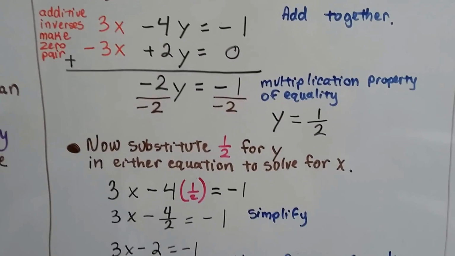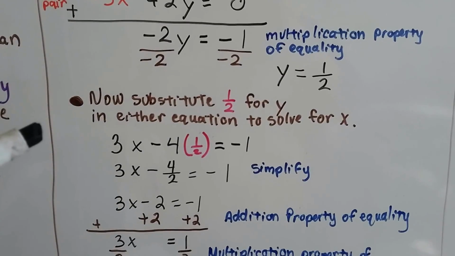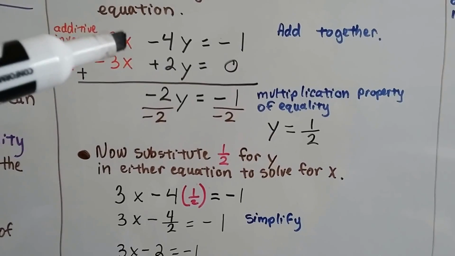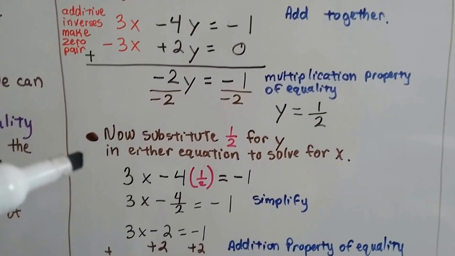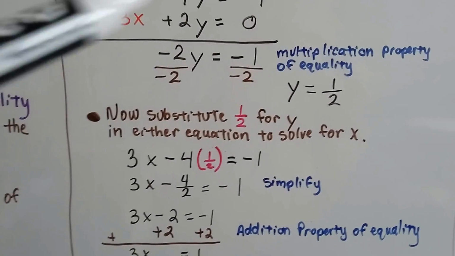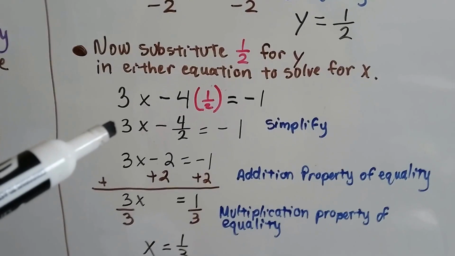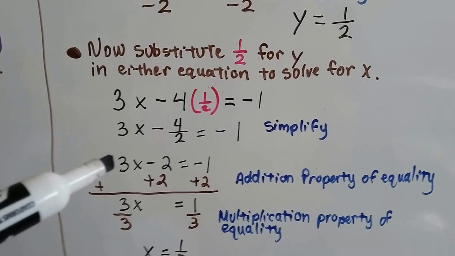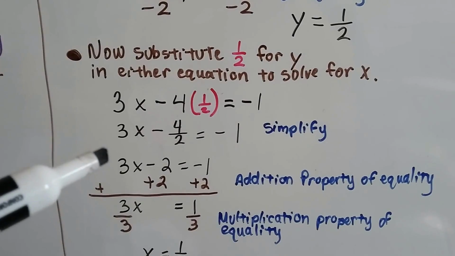We know y equals a half. We'll substitute that half for a y in either one of the equations to solve for x. So I chose the first equation, 3x minus 4y equals negative 1, and I put the half in where the y was. And we get 3x minus 4 halves equals negative 1, which simplifies to 3x minus 2 equals negative 1.